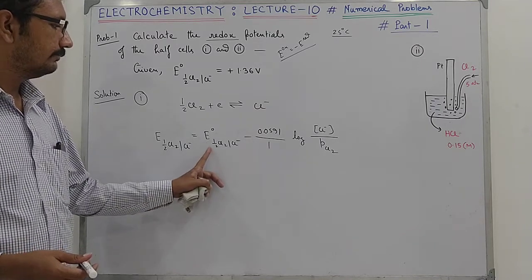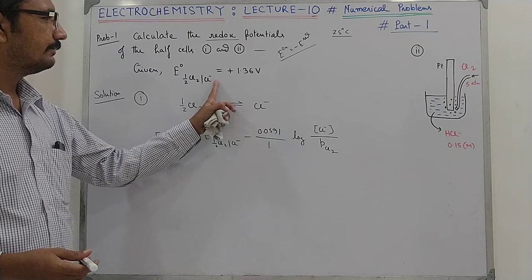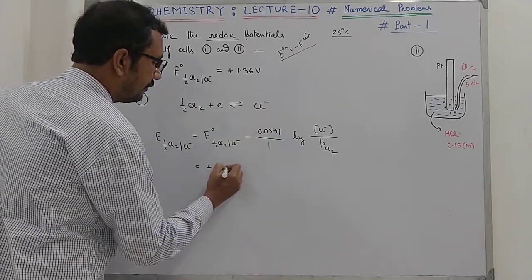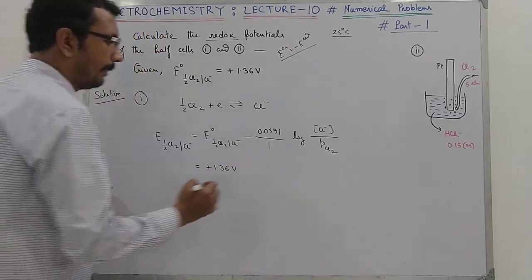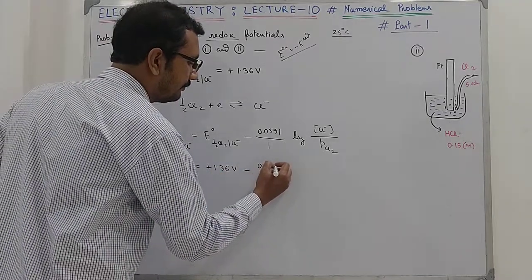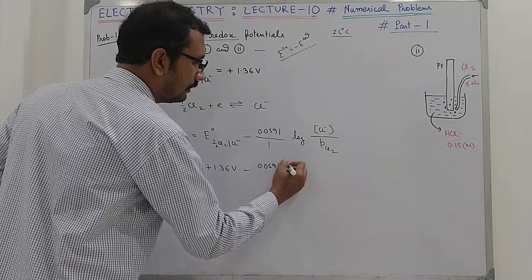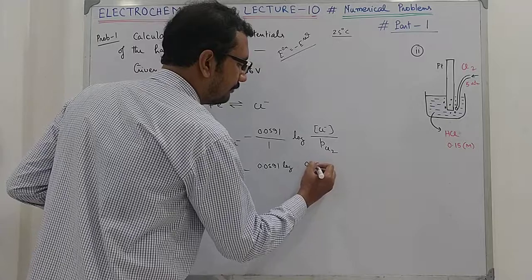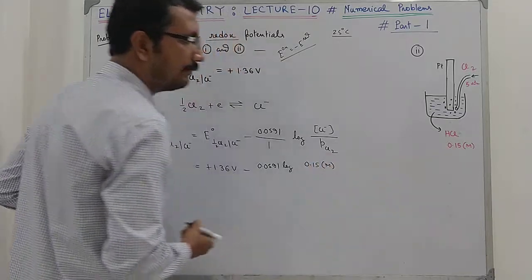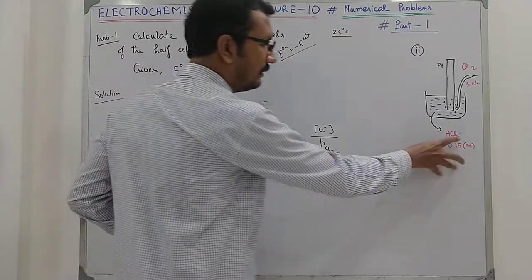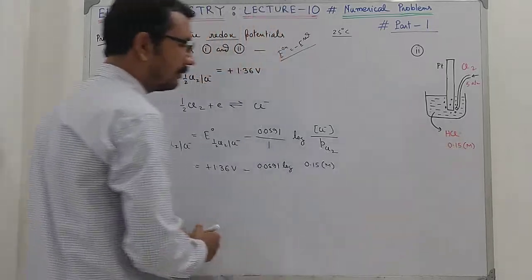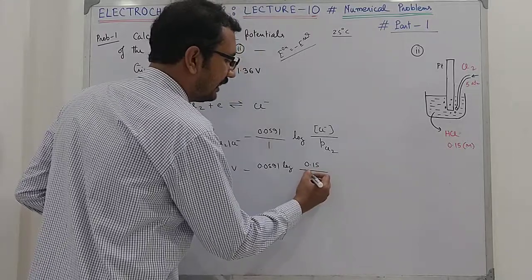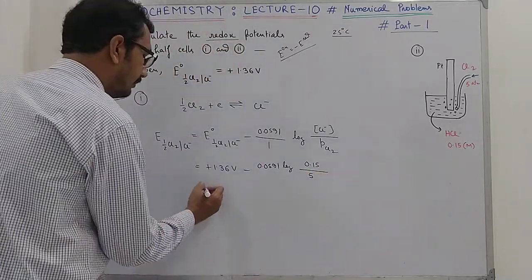Now, what is this value? This value is supplied. So you put here plus 1.36 volt minus 0.0591 log, you put the value of Cl minus, it is given 0.15 molar. HCl is a strong acid, so it will dissociate 100%. So you get the Cl minus concentration to be 0.15 molar. And PCl2 will be 5 atm. So again you need calculator.